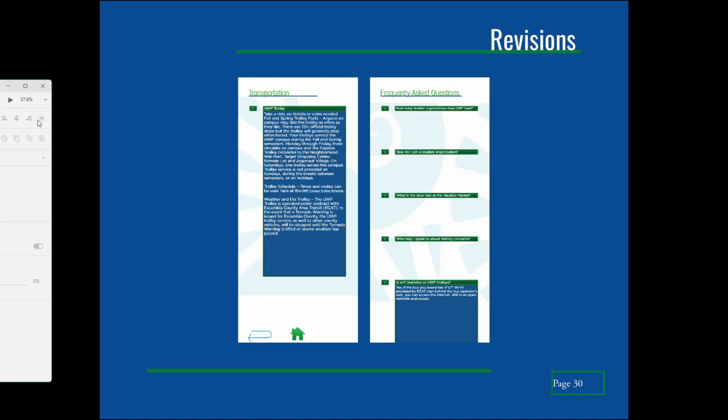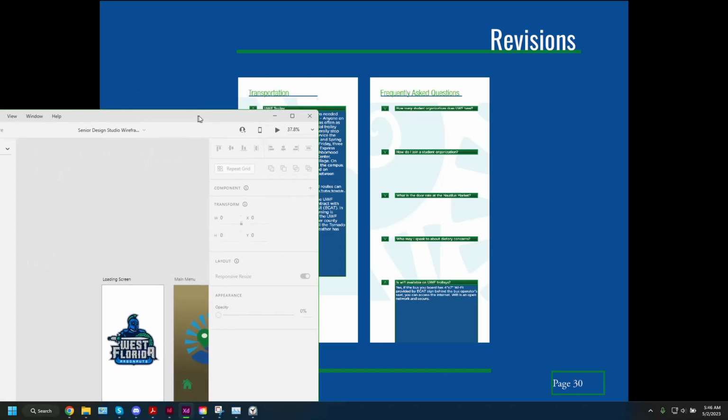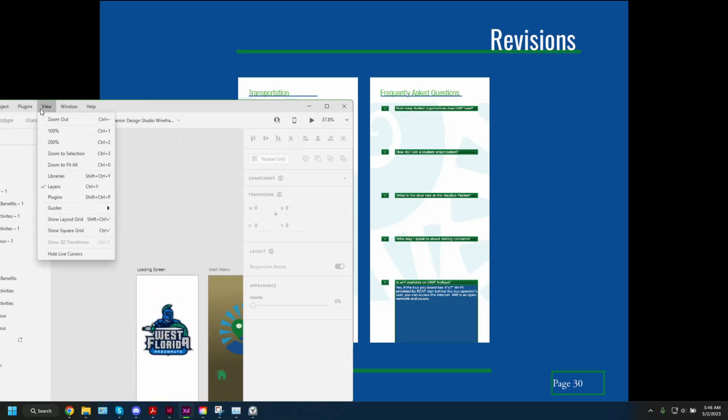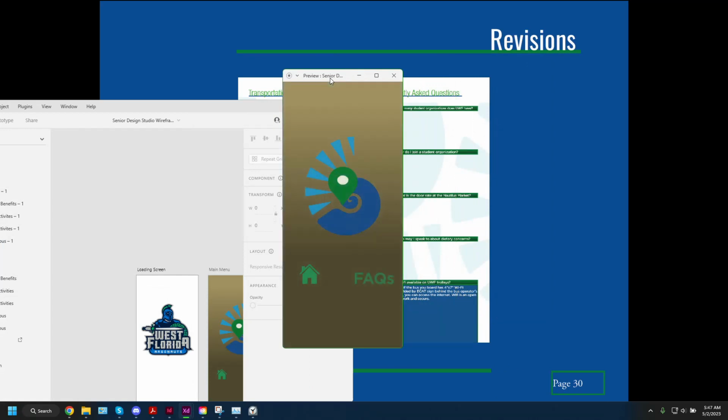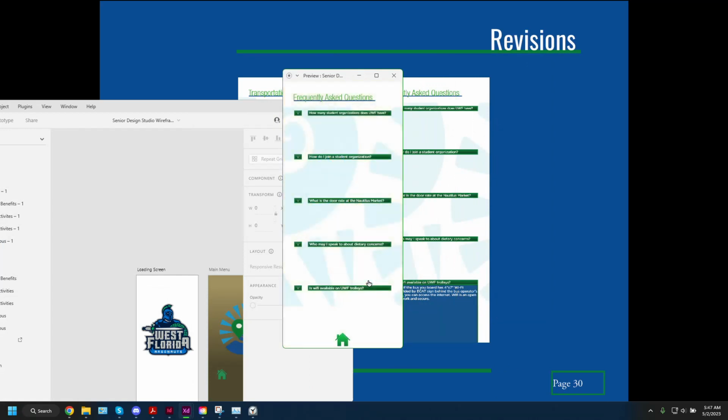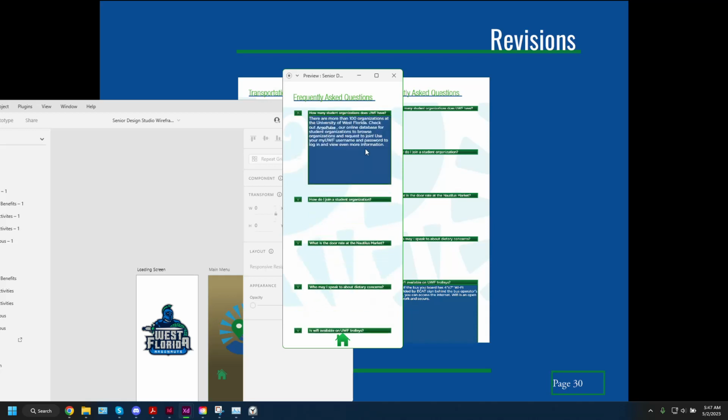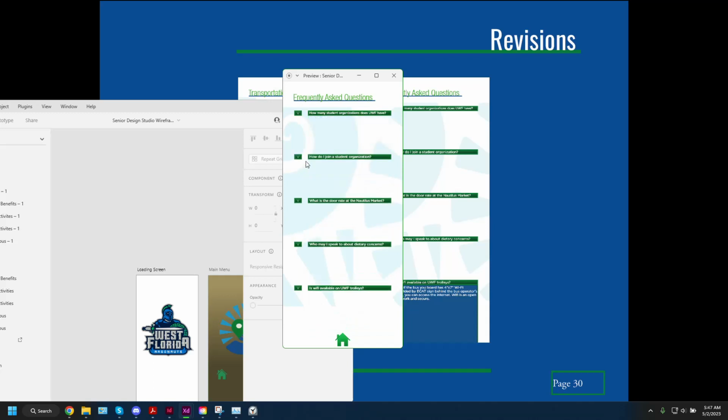Just to show a preview of the prototype, as you can see. This takes you to the home page. Frequently asked questions. This toggles the drop down menu, the accordion style, as you can see.